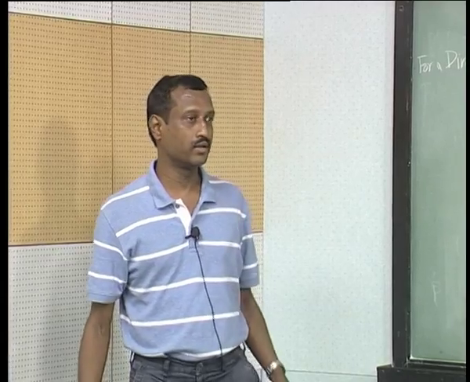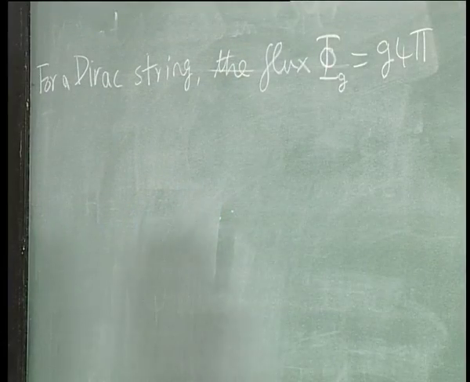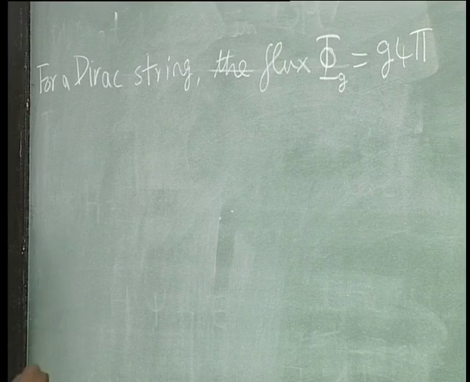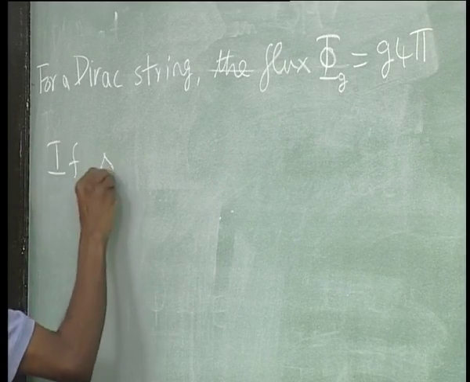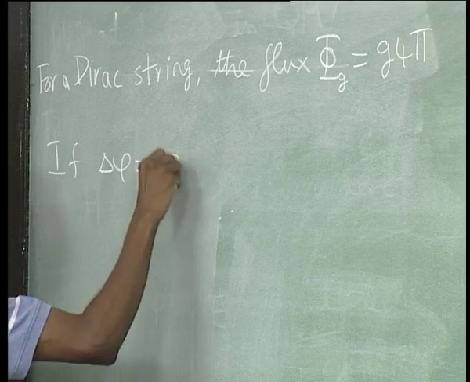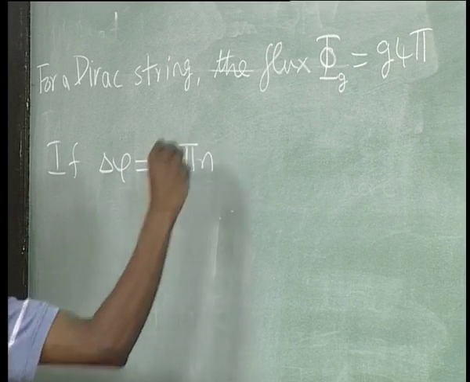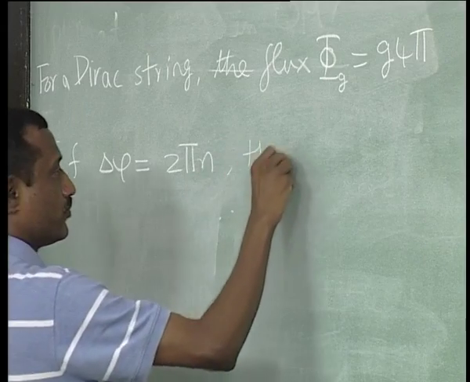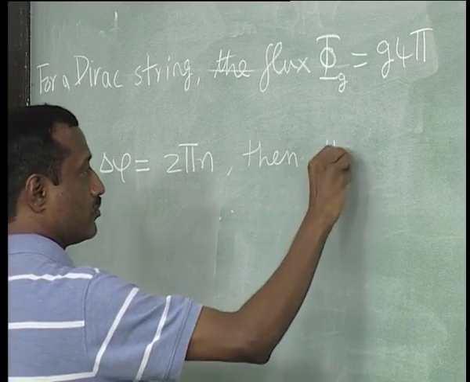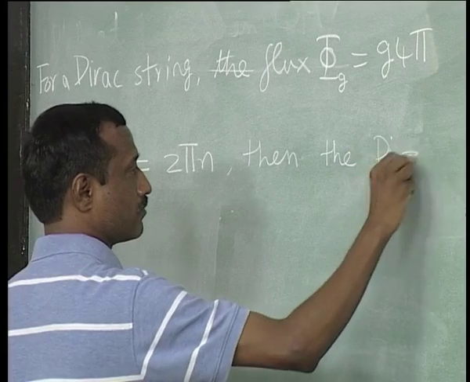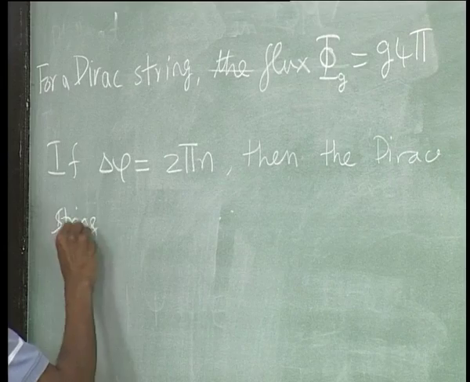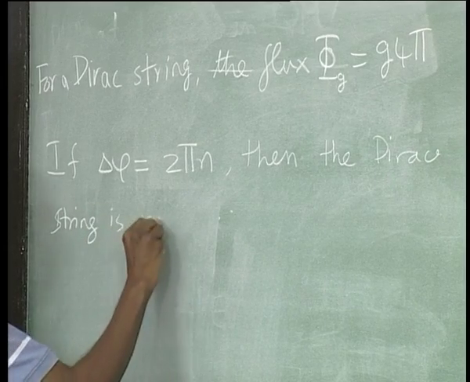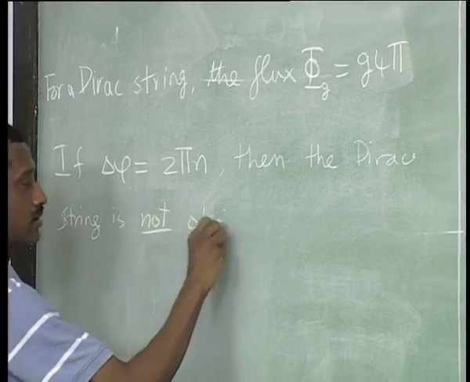And so what we want is, if delta phi is 2 pi n, then the Dirac string is not observable quantum mechanically.